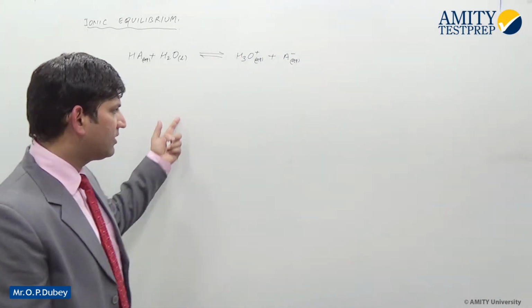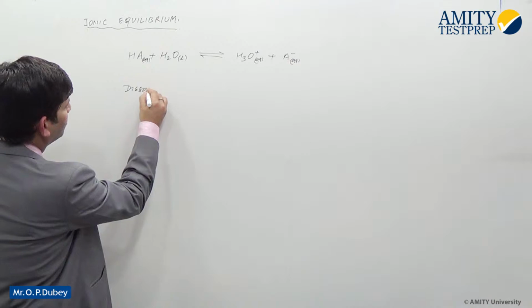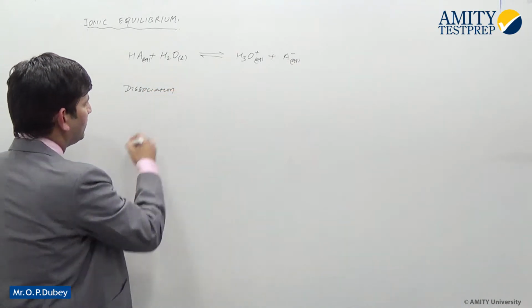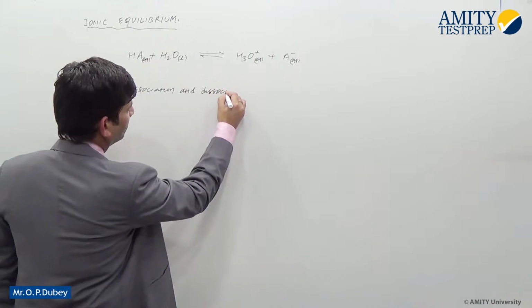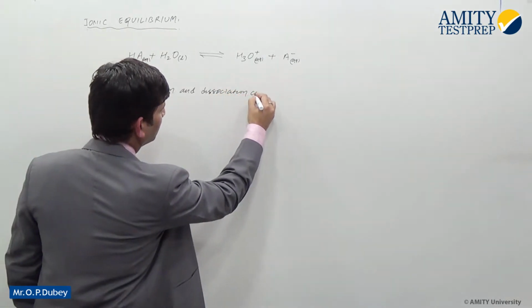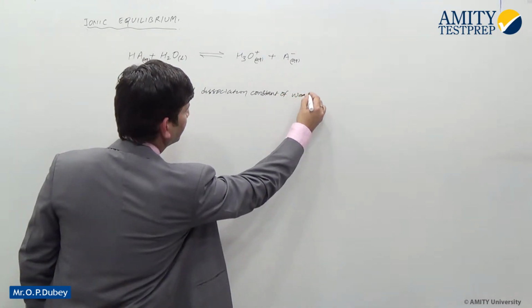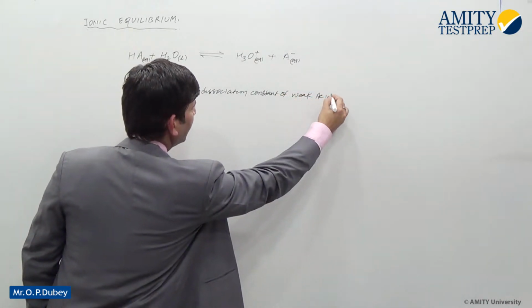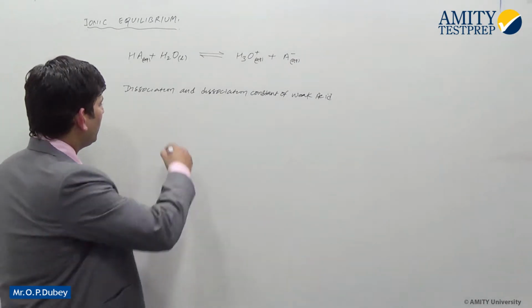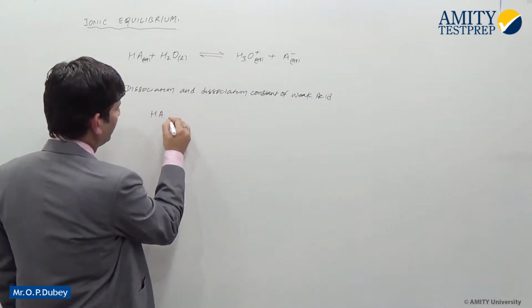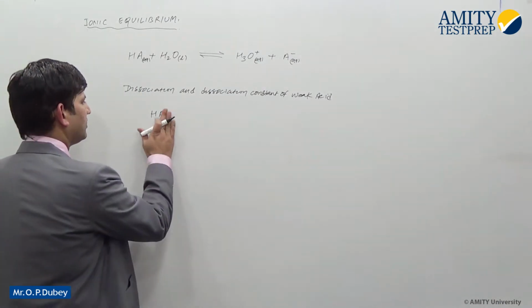Now we are discussing the dissociation and the dissociation constant of a weak acid. A weak acid does not ionize 100%, does not dissociate 100%.